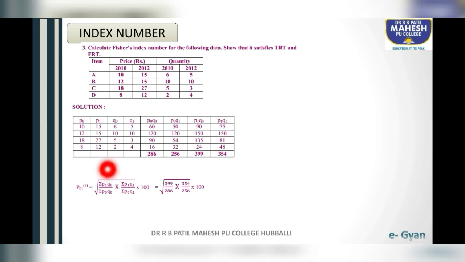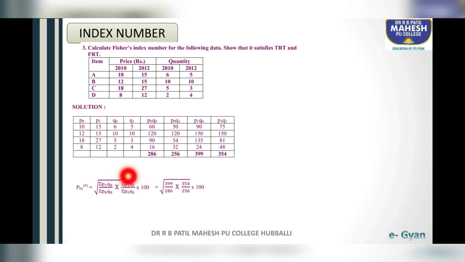Summation P1 Q0 total is 399. Right here 399. And summation P0 Q0 total is 286. Right here 286. Summation P1 Q1 total is, students, 354. Right here 354.